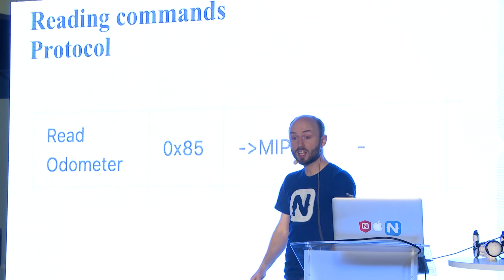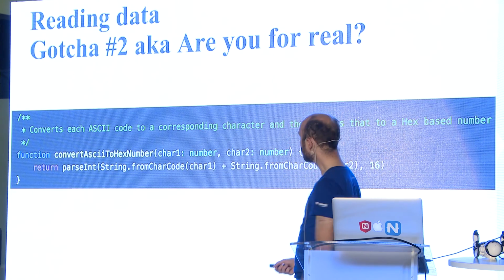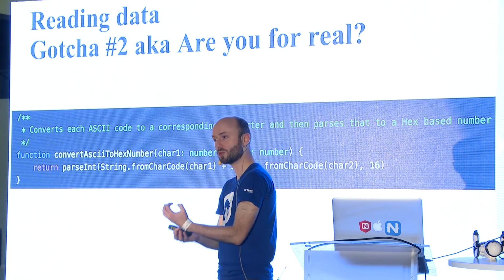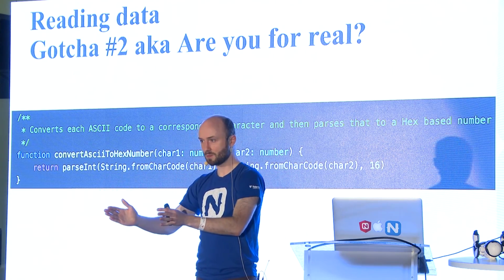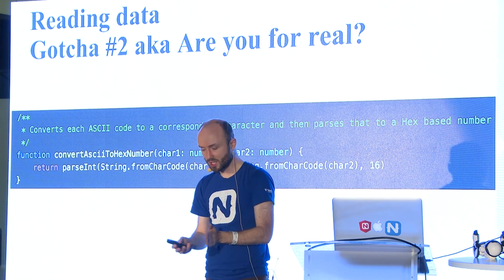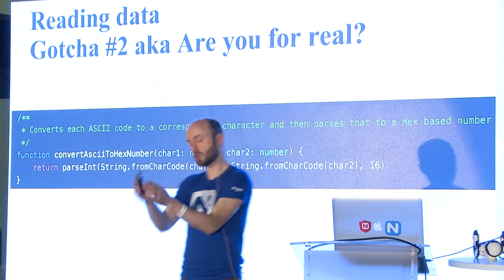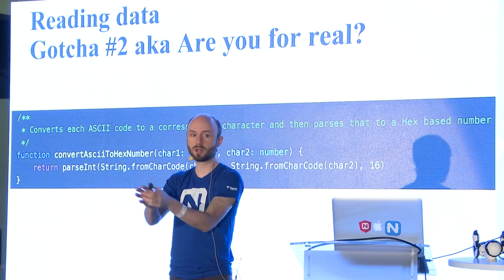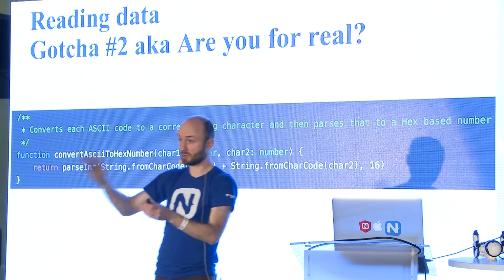But then there was a second gotcha, which I named Are You For Real? When I was receiving data from the robot, I was getting a bunch of numbers, and the numbers didn't make sense at the beginning. What I realized is I was getting ASCII values. Each number was the ASCII code of a character for each of the values.